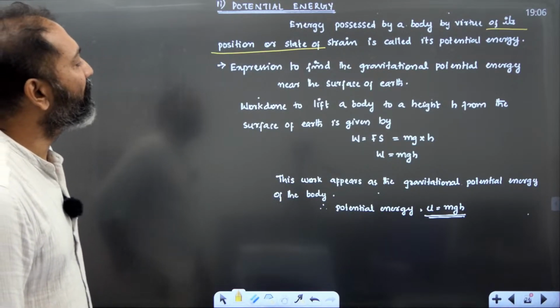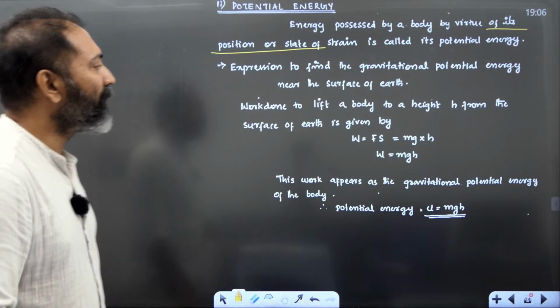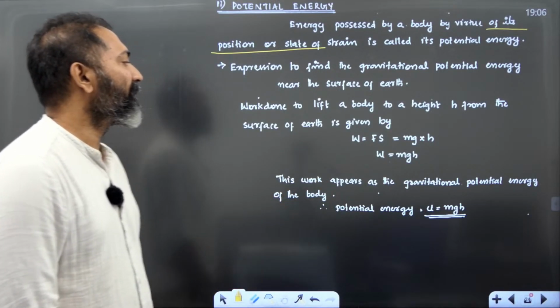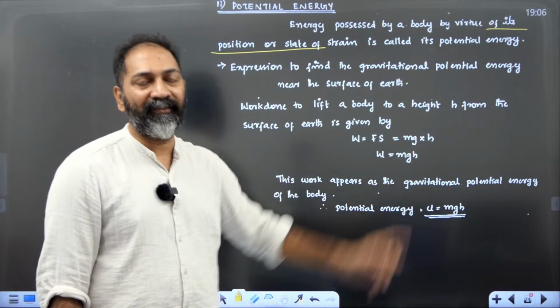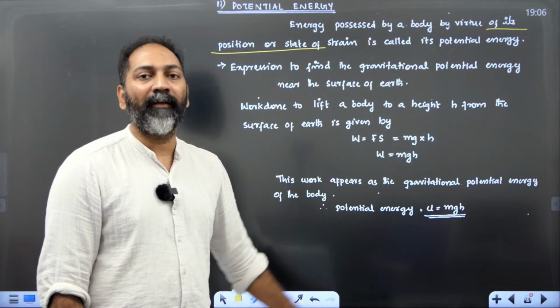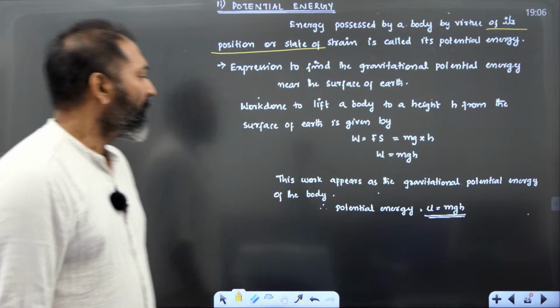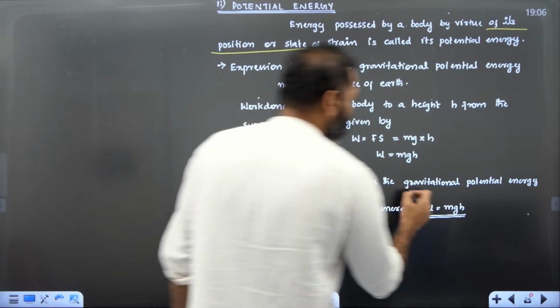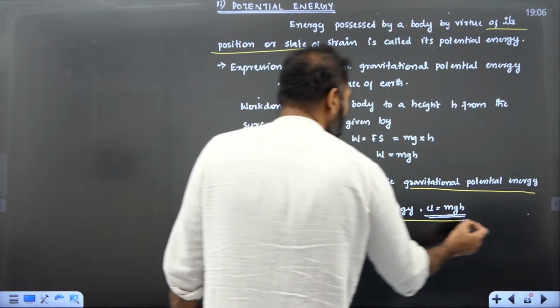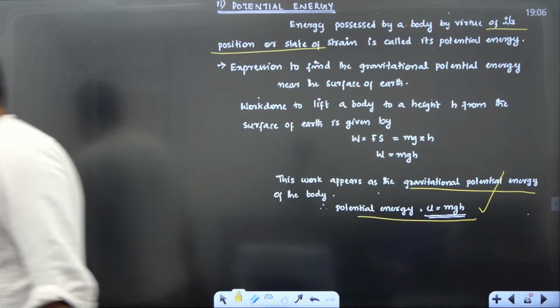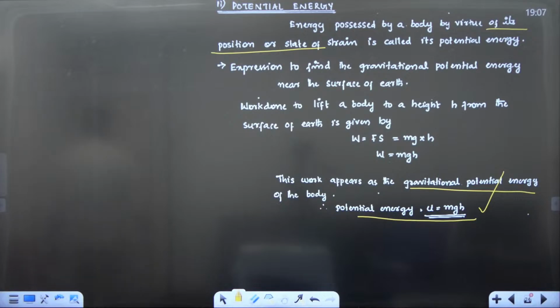Expression to find gravitational potential energy near the surface of the earth. Work done to lift a body to a height h from the surface of the earth is given by what? Work done equal to force into displacement. If the body has mass m, the gravitational force is mg, into displacement, which is height h. Work done equal to mgh. This work done appears as gravitational potential energy. So the equation for potential energy is mgh.